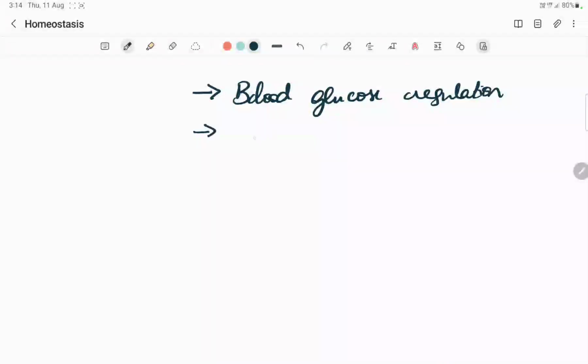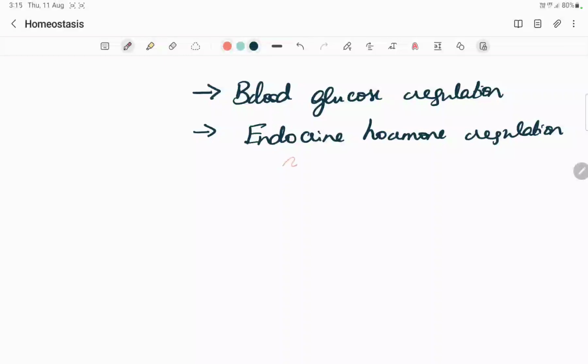Another one is endocrine hormone regulation. So there's an increase in T3, T4, there'll be a decrease in the thyroid stimulating hormone. So these are other examples of negative feedback mechanism.